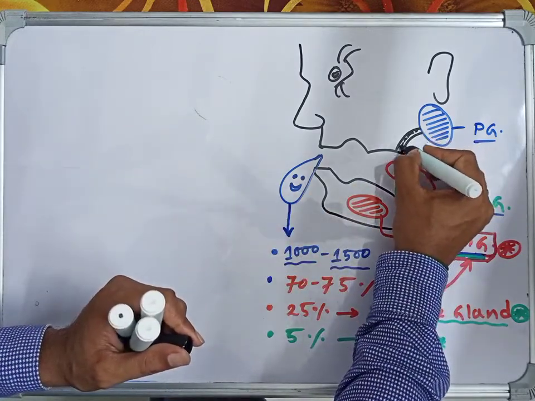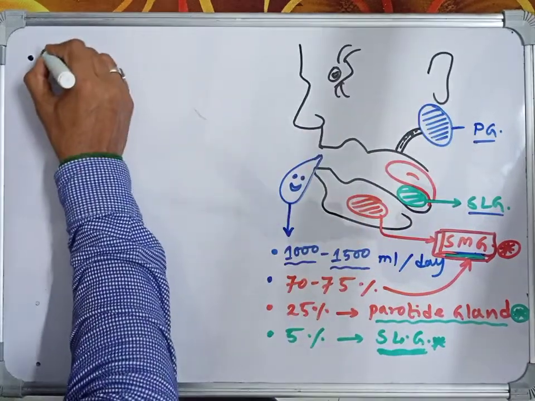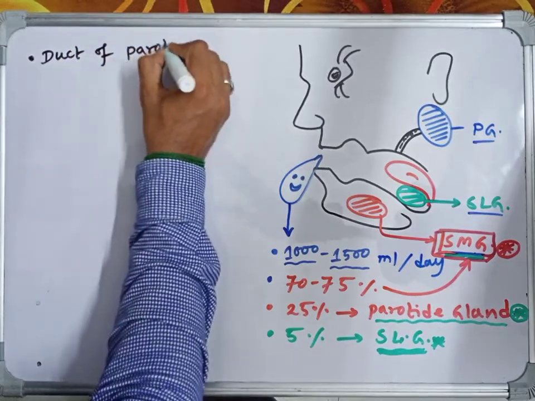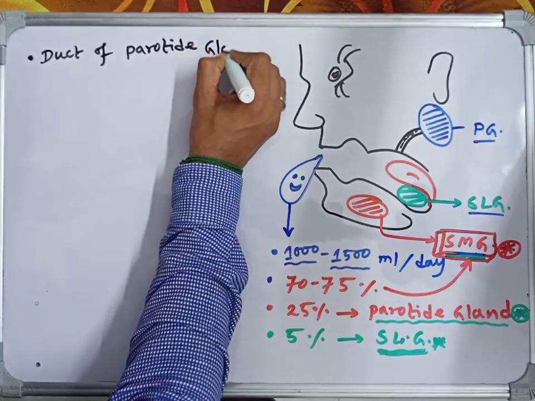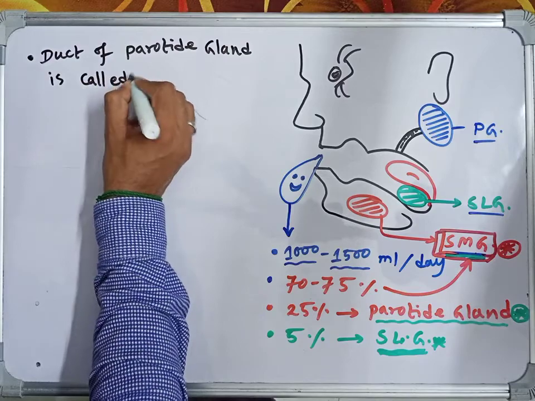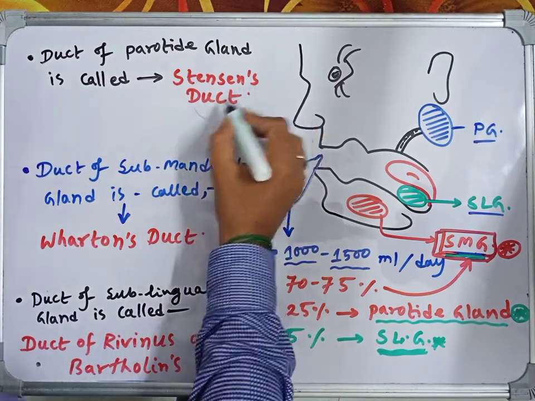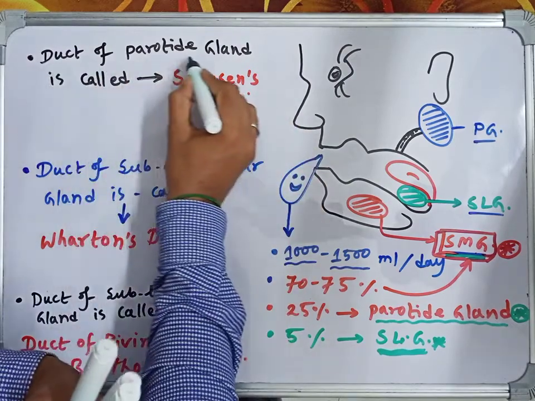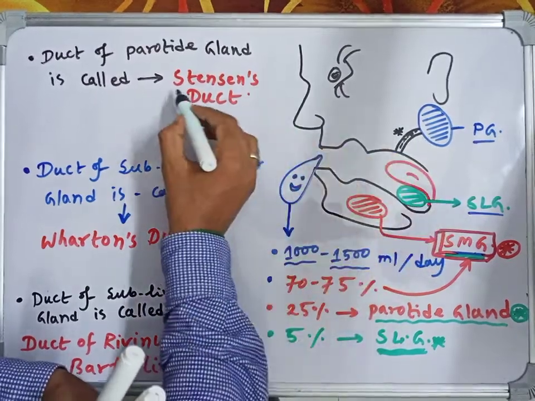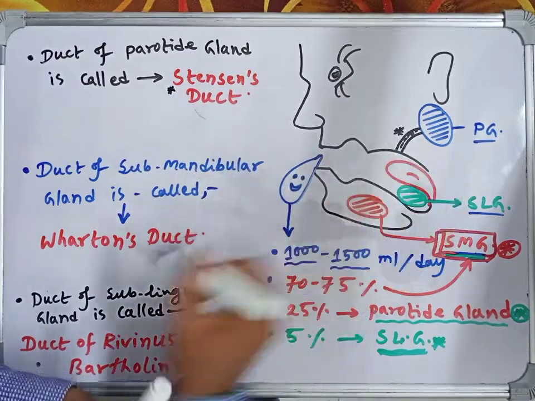The duct of the parotid gland is called actually Stenson's duct, right? The duct of the parotid gland, this duct, is called actually Stenson's duct. That is very very important from your exam point of view, right?